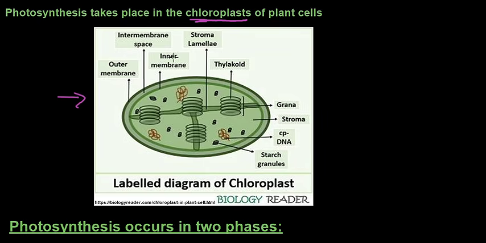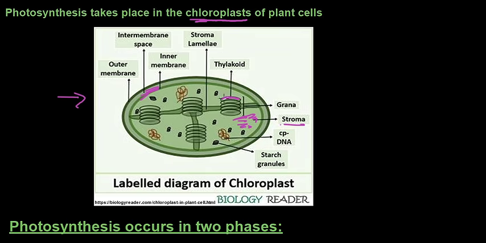So looking at the structure of a chloroplast, it's really not that hard. You've got a double membrane, so it's got an outer membrane, an inner membrane, that's that lighter green section over here. Then you've also got the fluid-filled area of the chloroplast, which is known as the stroma. And then the very important parts of the chloroplast are these little stacked, they almost look like little stacked Smarties, the thylakoids.